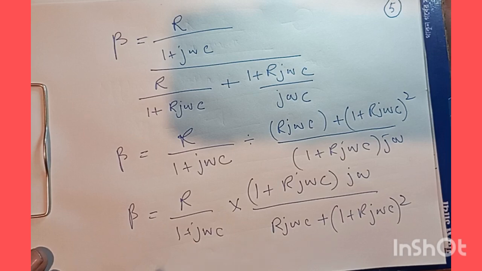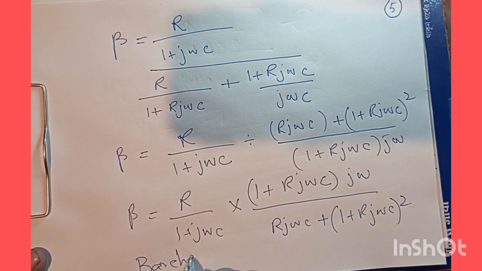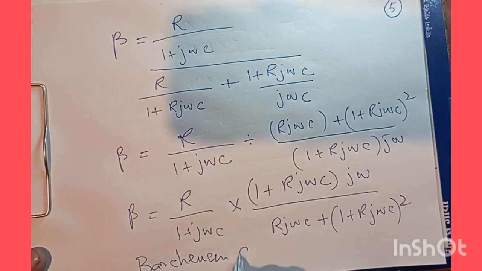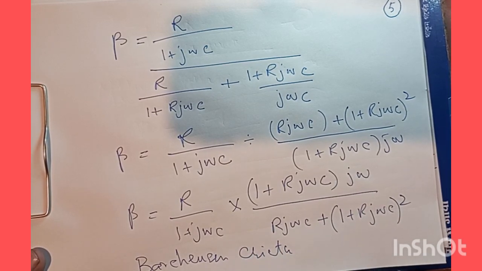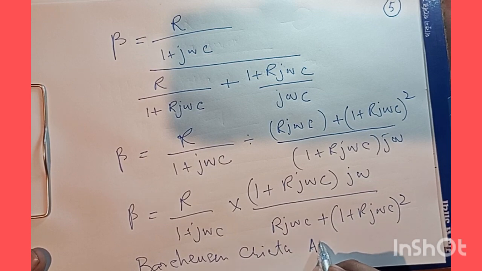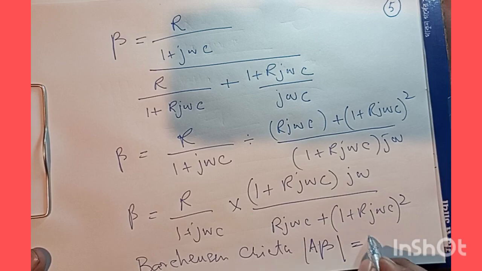Let's move on. What is important at this point is that we have to go back to the Barkhausen criteria. And what is Barkhausen criteria? It says that for sustained oscillations in the oscillator, this A is the gain, A beta, its magnitude should be equal to 1.